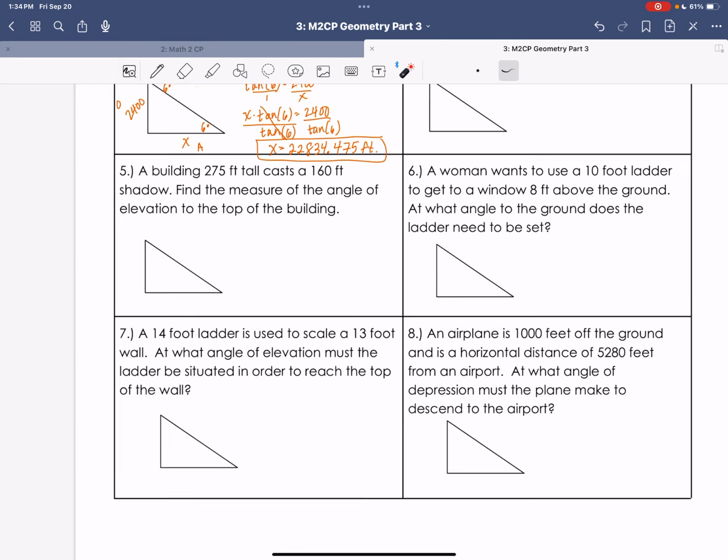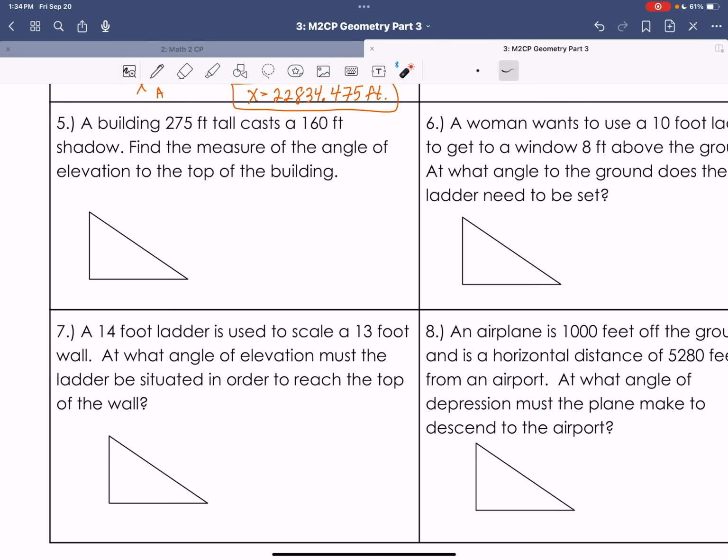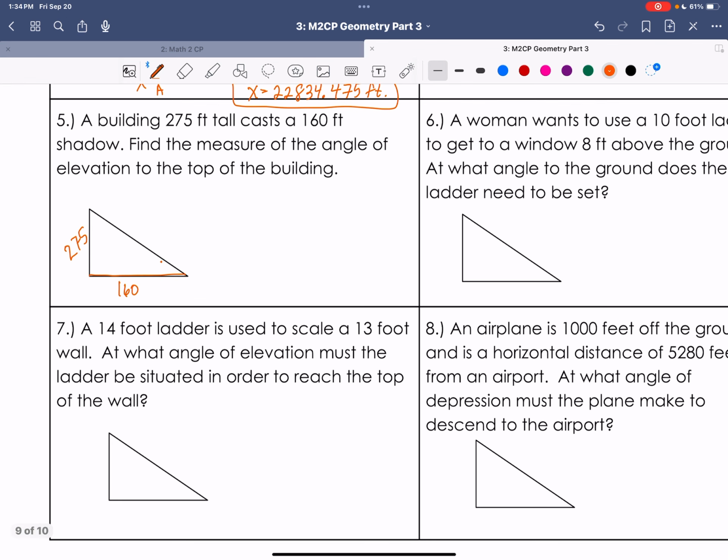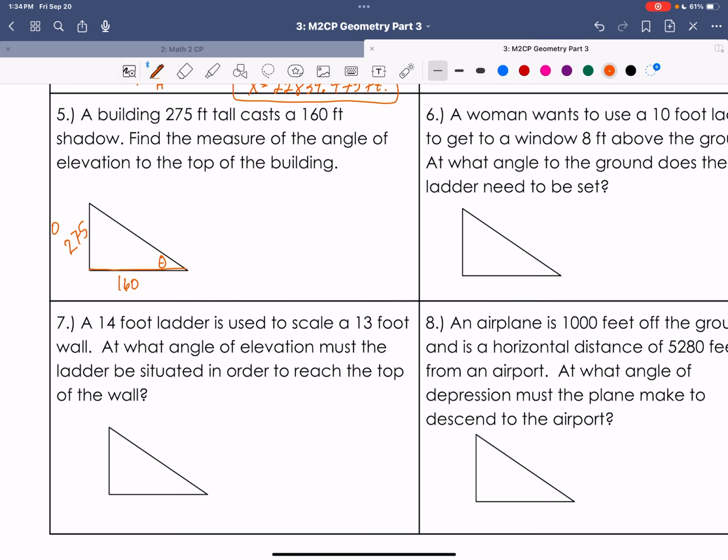All right, let's go ahead, let's try number 5. Here it says a building 275 feet tall. So let's say this is our building. It casts a 160-foot shadow. Well, your 160-foot shadow is going to be on the ground like that. So you're going to find the measure of the angle. We don't know this angle. That's what we're looking for. So now we know that we're going to do opposite, adjacent.